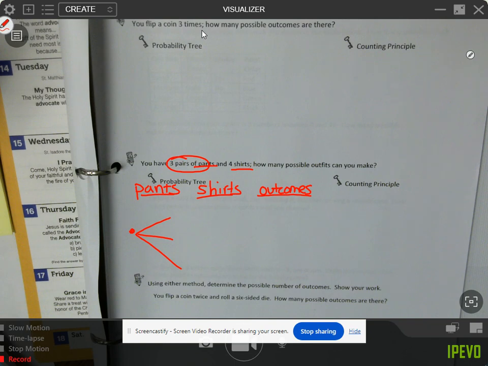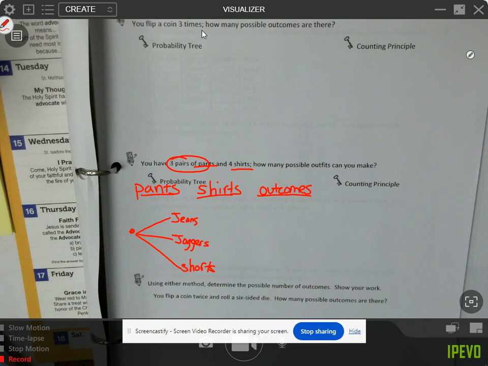So let's say this was my jeans, my joggers, well, let's call them shorts, because I don't think too many of our boys are going to be wearing leggings. Okay, good, but now how many possible outcomes are there with those shirts?